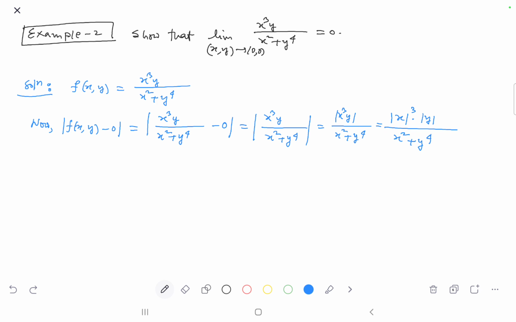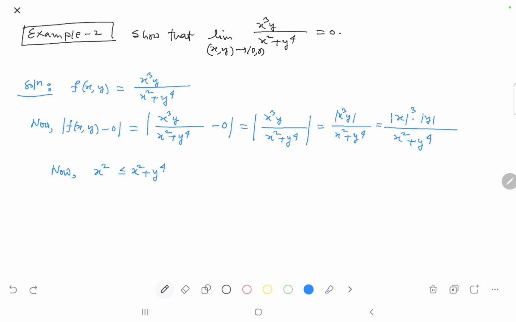Now see, you have this. Now remove the y to the power 4 term. We know x square is less than or equal to x square plus y to the power 4.